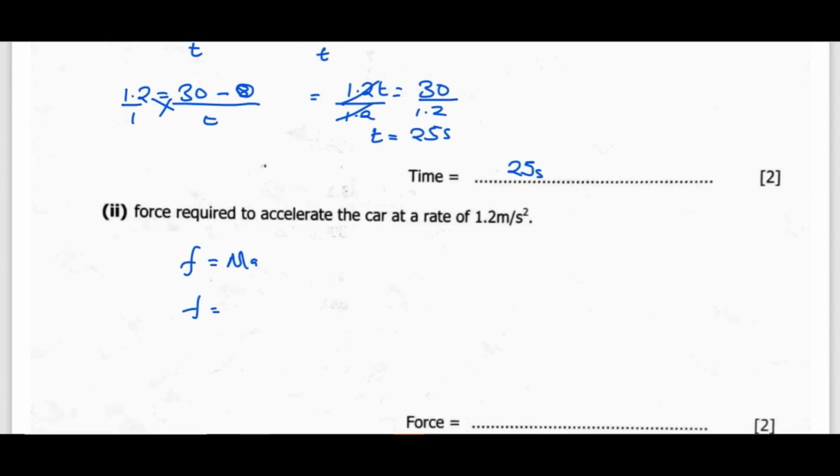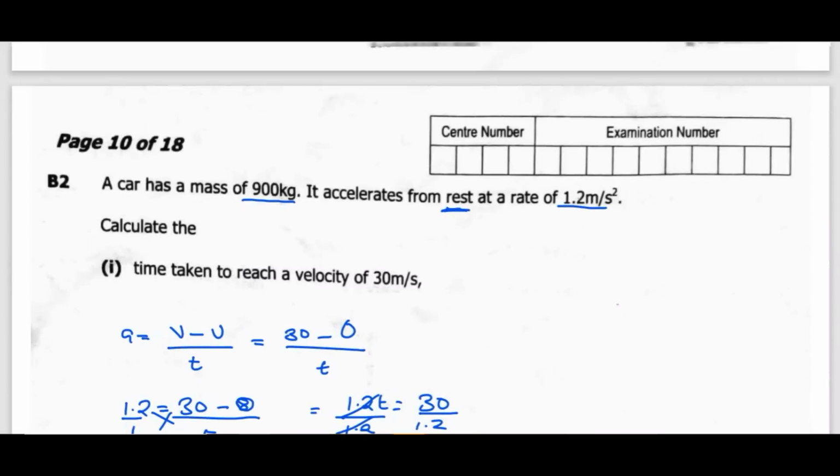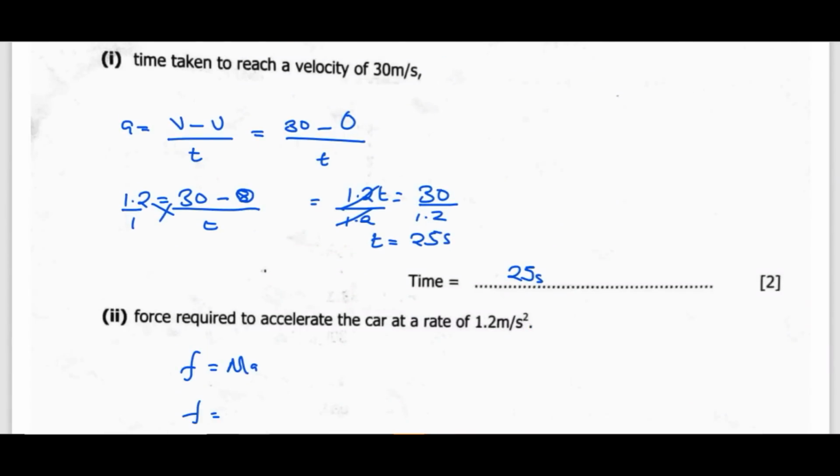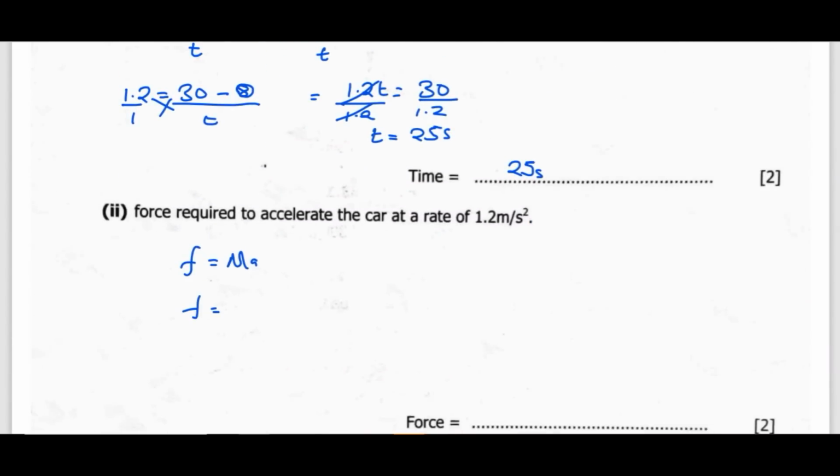We've been given the mass, which is 900 kg, so we say 900 times the acceleration, which is 1.2.